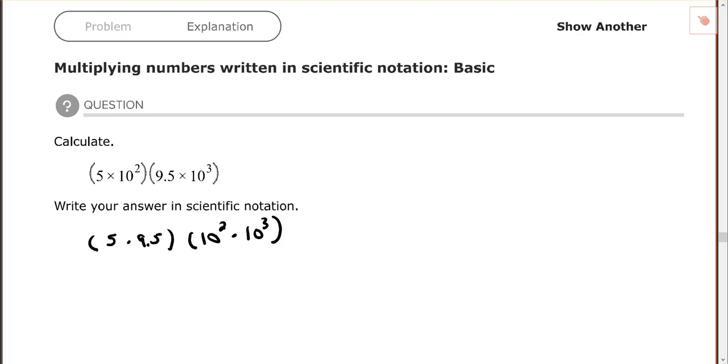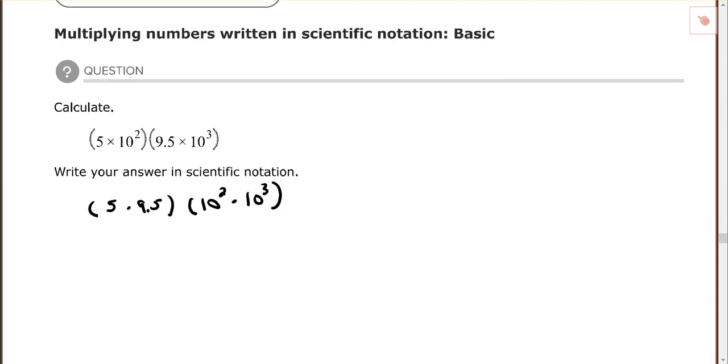So I will multiply the regular numbers, 5 times 9.5, and that gives us 47.5. And then 10 to the second times 10 to the third. Remember, multiplying like bases, add the exponents, so that means 10 to the fifth.